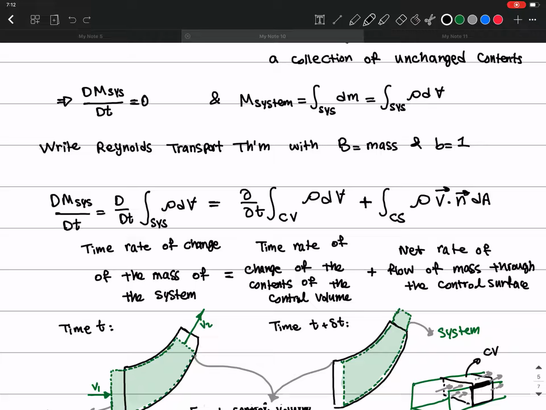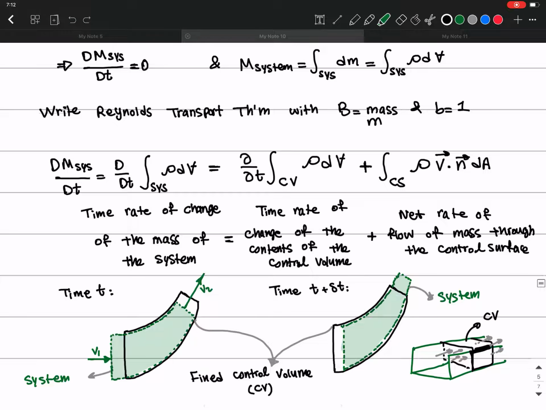So let me show it here. This is just M. Okay. And if you write that, you will get to this equation. This is a general equation that comes from the Reynolds transport theorem. Okay. Which states that the time rate of change of the mass of the system equals the time rate of change of the contents of the control volume plus the net rate of the flow of mass through the control surfaces, okay?